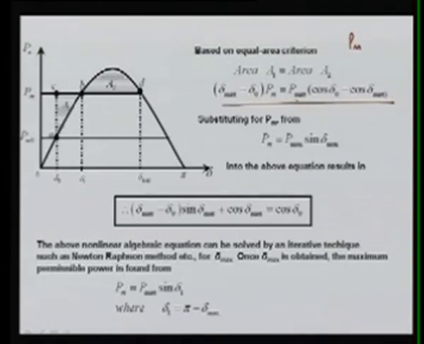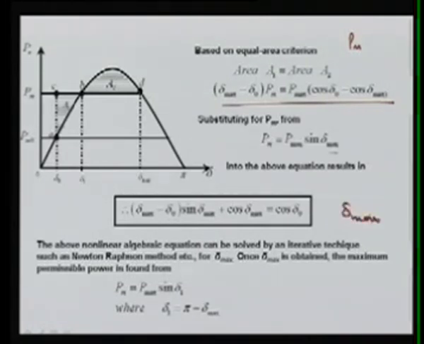Now here the PM we are getting is equal to P max sin delta max. We can get this point, and then substitute it, so we will get an expression for the delta max value.